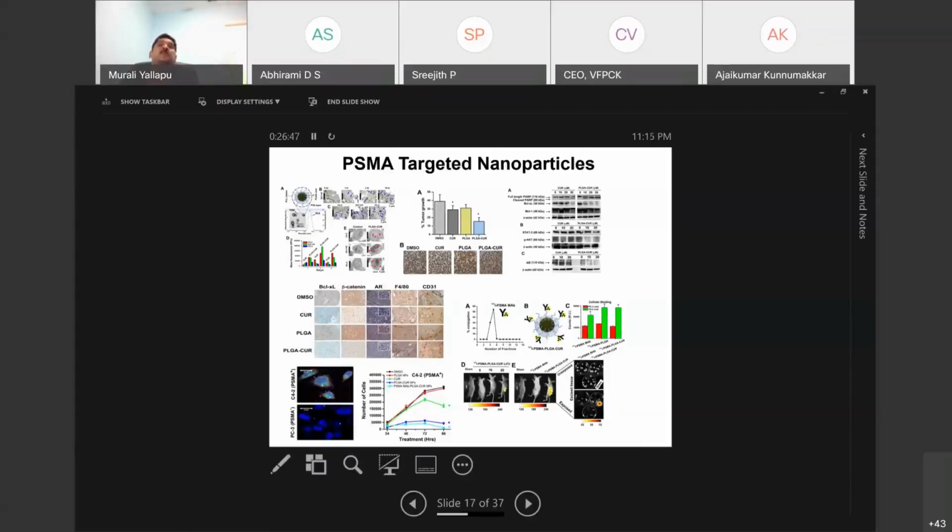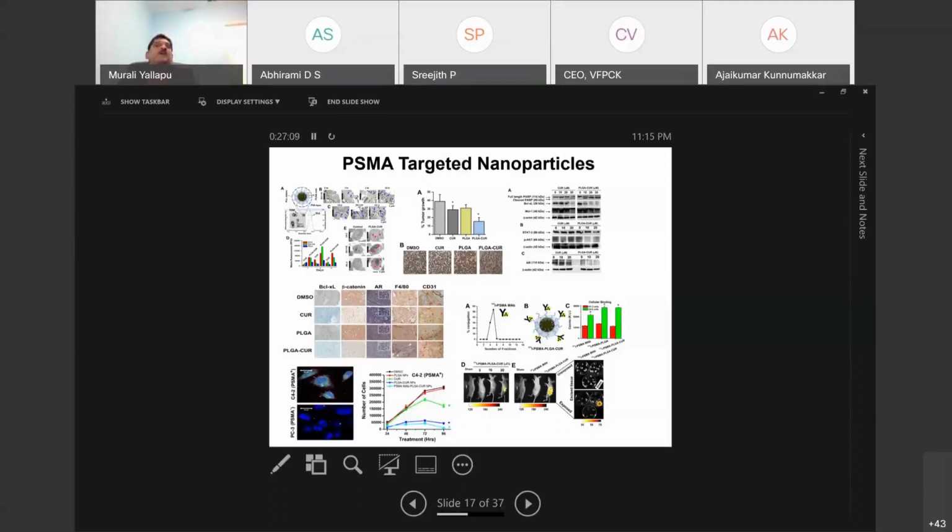So here we proved a basic concept of using PSMA antibody, that this protein PSMA is widely expressed in prostate cancer or prostate tumors. The literature suggests almost 100% of the tumors express PSMA.